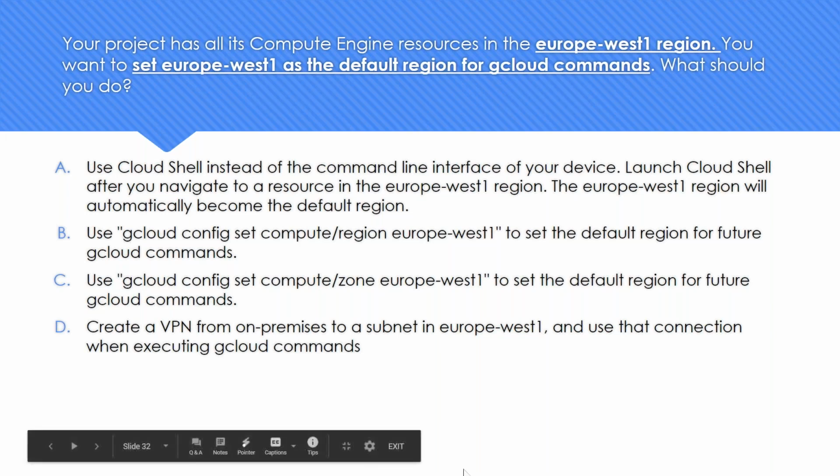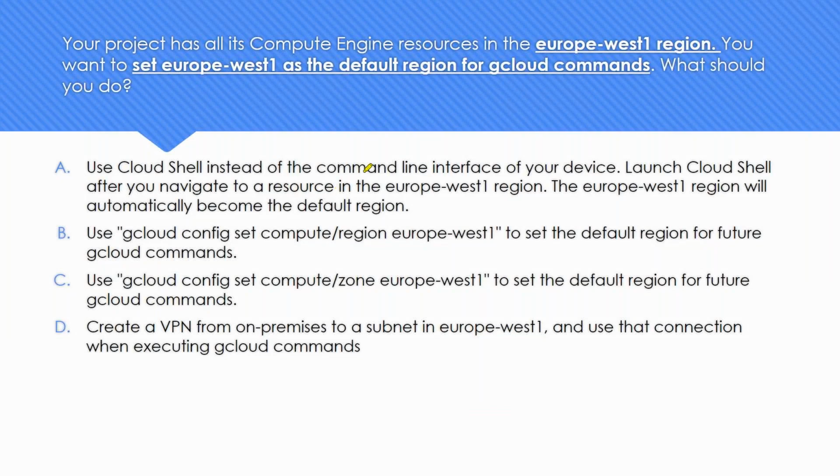All right, let's look into the options. First one, use Cloud Shell instead of the command line interface of your device. Launch Cloud Shell after you navigate to a resource in the West 1 region. The West 1 region will be automatically set as the default region. So when you launch Cloud Shell, what gets set as the default one, folks?